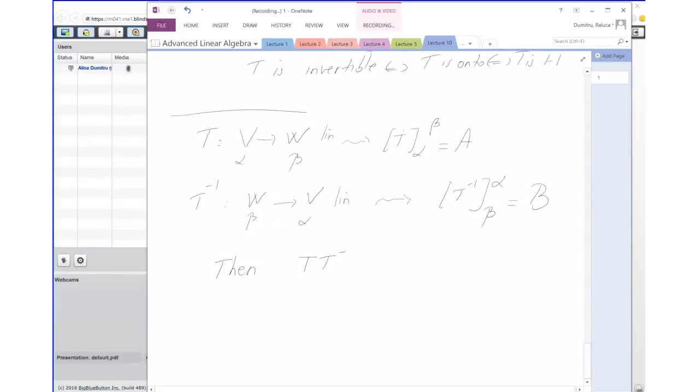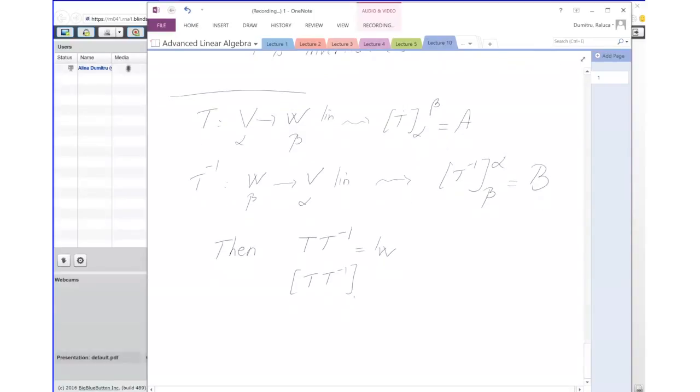Okay, but being the inverse, what will this composition be, let's say? So I go first with T inverse and then with T, so I go from W to W, right? This is the identity on W. On W, the basis is beta. So going from beta to beta. Now, this 1_W is the identity transformation, right? It takes every x into itself.